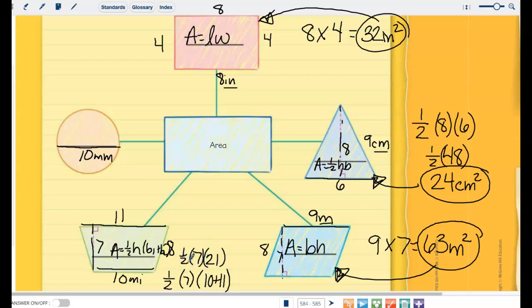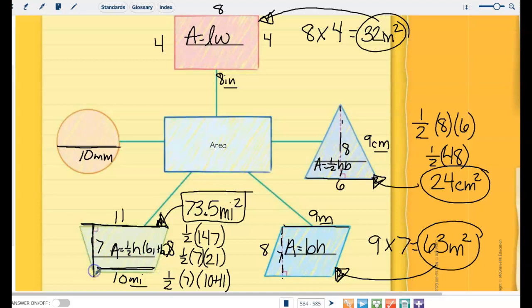Then I would do 7 times 21 is 147. And I take that times 1/2, or in other words, divide it by 2, and I get an area of 73 5/10. I would label it miles squared. So that one has a few extra steps to it, but always remember that your bases are going to be parallel to each other, and then your height has to make a 90-degree angle.